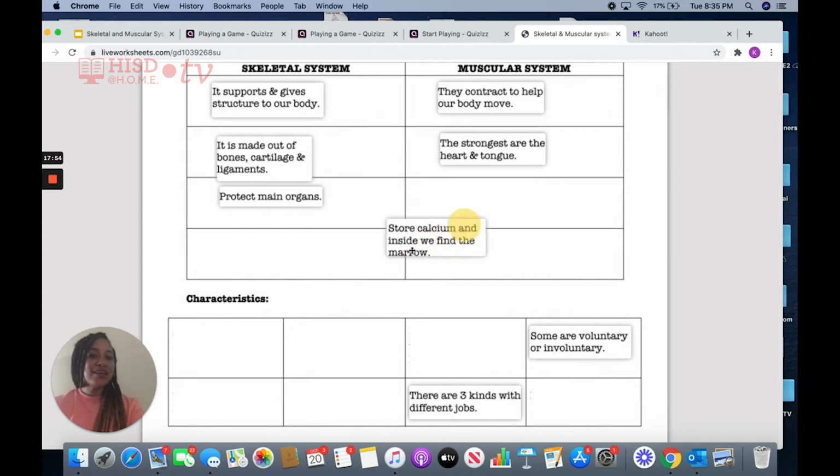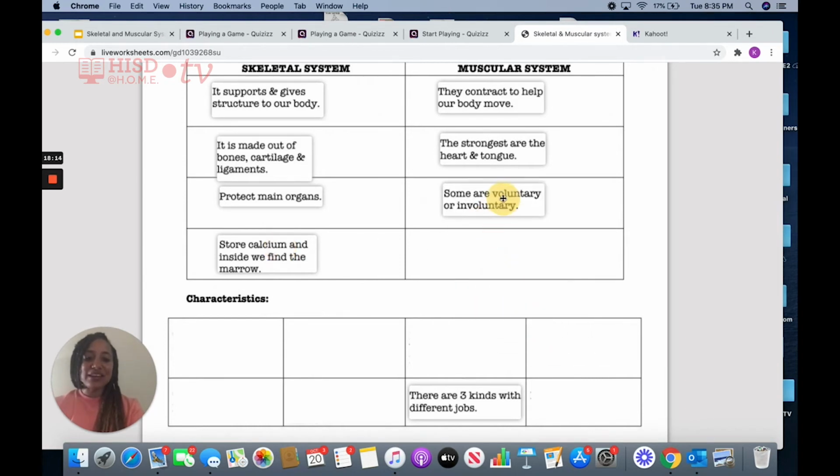Does milk help support the skeletal system or the muscular system? Because milk has a lot of calcium in it. Yes, it helps with the skeletal system. Great job. And which means that these last 2, they go under muscular system.